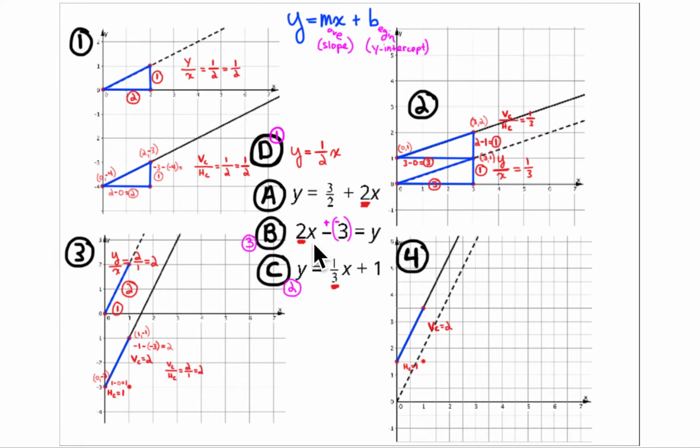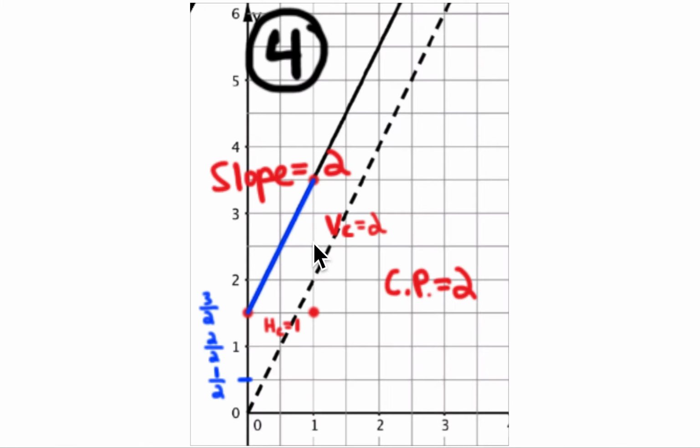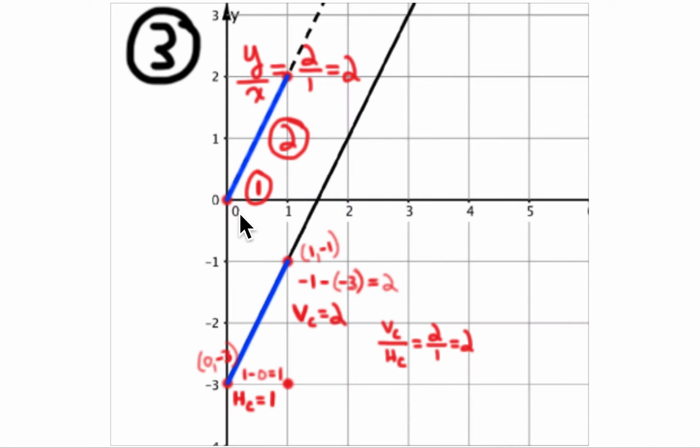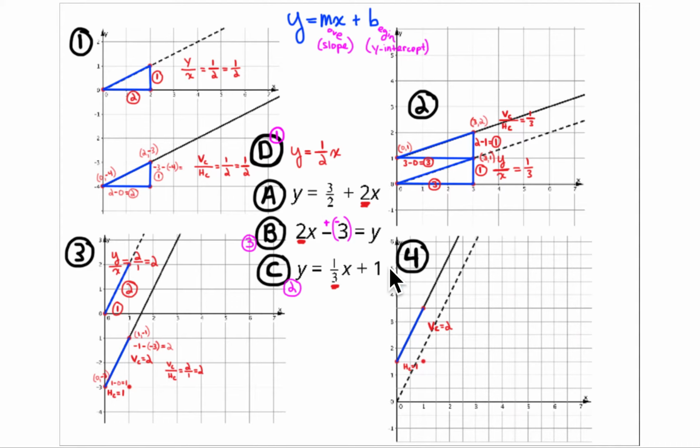But equation B has a y-intercept of negative 3. So this is plus negative 3, which is the same as subtracting a positive 3. So if you look at the equation, this is subtracting a positive 3, which is the same as adding a negative 3. And I wish that at this point, right now, I wish they would use adding a negative 3, because that's what you're doing on this graph.